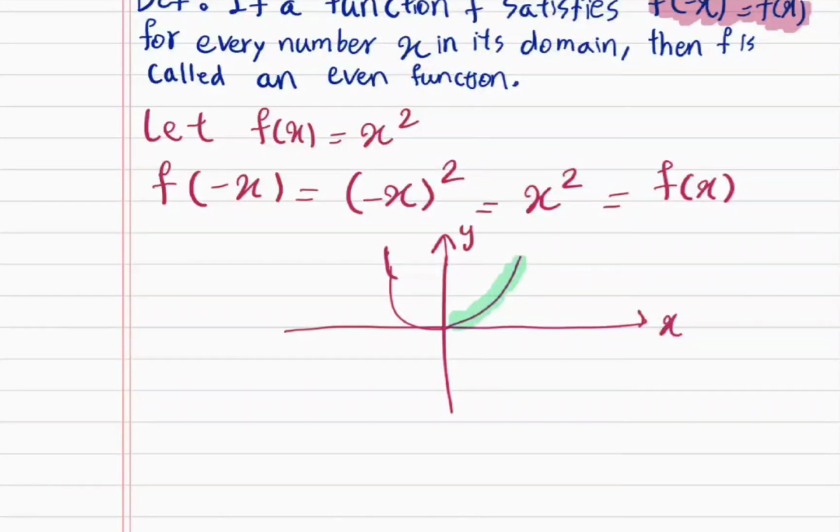So for example, in this case, you can easily see that the positive part of this graph reflected through the y-axis is this, and that's a rule. So if you reflect the positive part of the graph and you get the same thing, then that means that this is an even function.